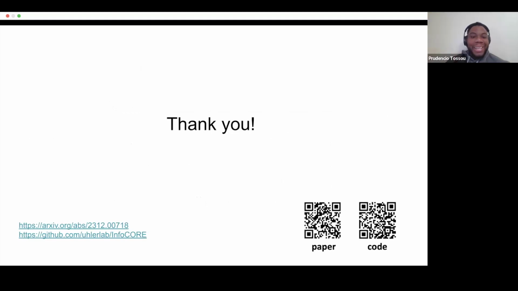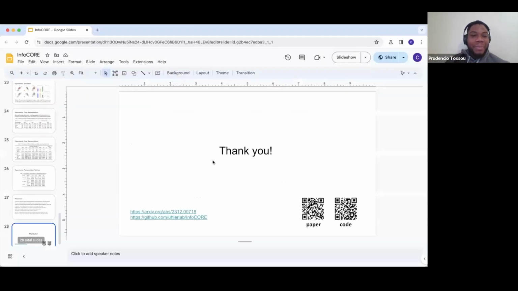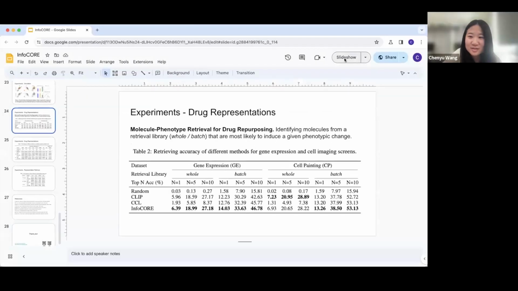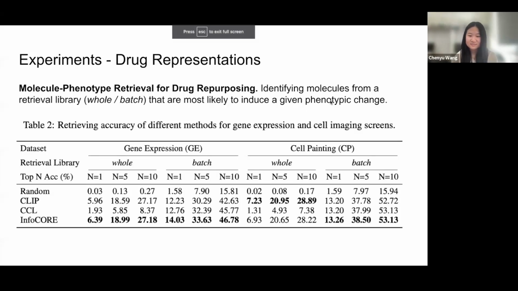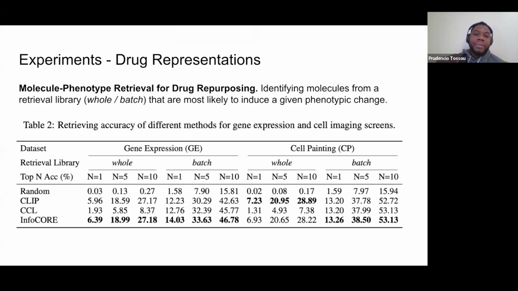I can start. Do you mind going back to the results section? Which results? So I'm not sure I understand this experiment and the next one, at least in showing the effectiveness of your method. One thing that I was expecting is, if the batch effect has been removed accurately, some experiment with new batches.